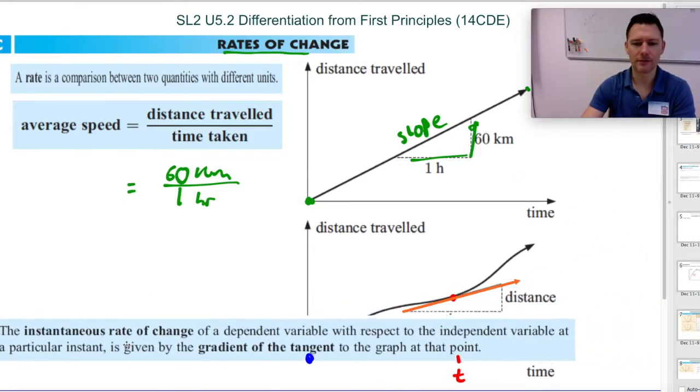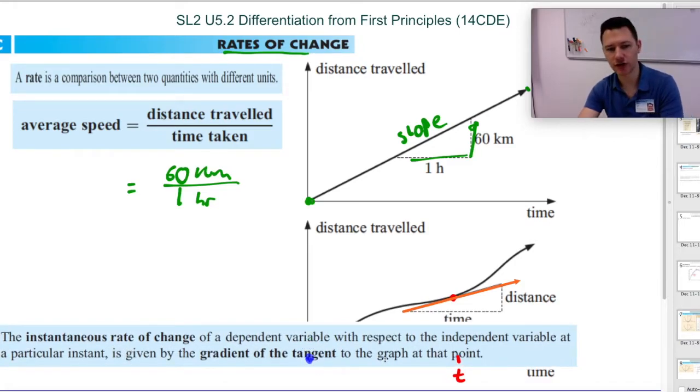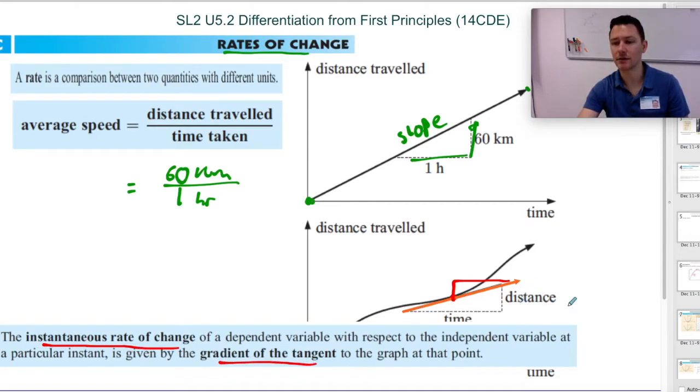Cool. This instantaneous rate of change is really the slope of that line. It's the rise over run, that's what slope is. So instantaneous rate of change is the slope of this tangent line, the gradient.